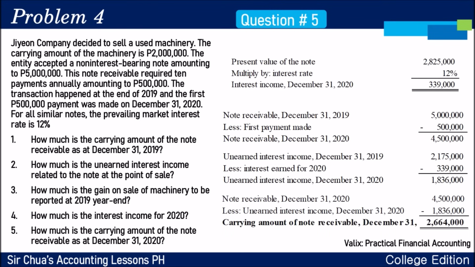Kaya po, pag pinag-deduct nyo yung dalawa, that is the carrying amount of the note receivable by December 31, 2,664,000, which will be the basis next year naman pag nagbayad uli ng interest. Okay? Until makomplete yung 10 years and then bayad na yung mismong note receivable kay Gion.